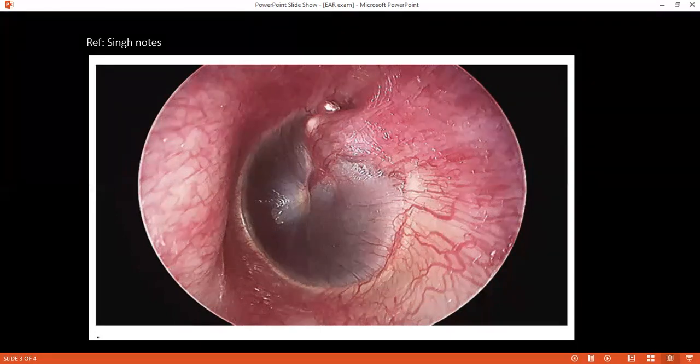There is the umbo at the center, and also the cone of light. At what location? The cone of light for the patient is at the level of 7 o'clock.